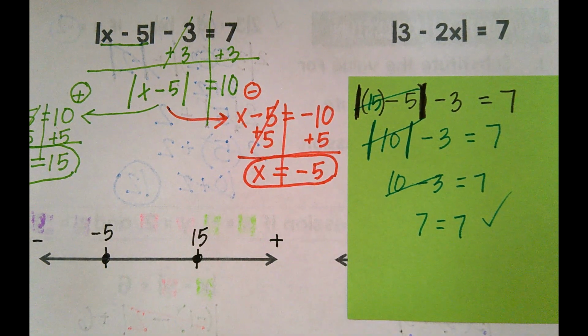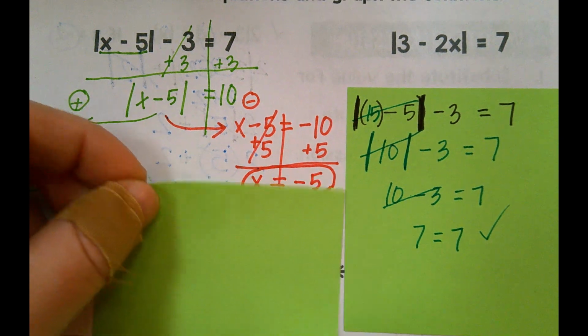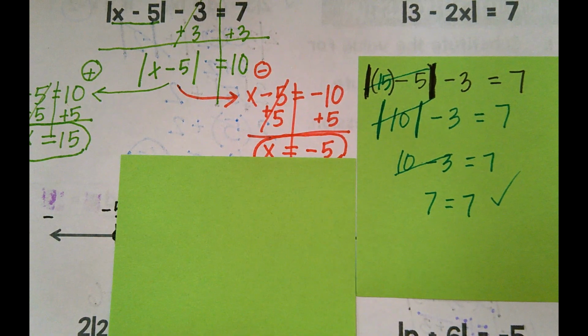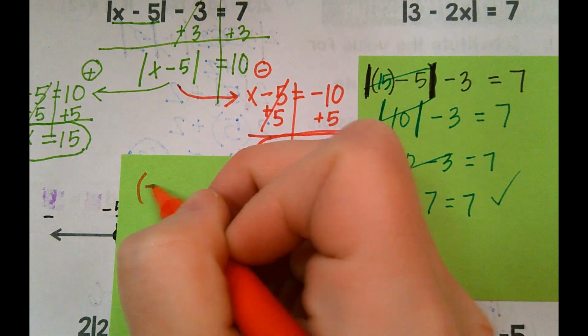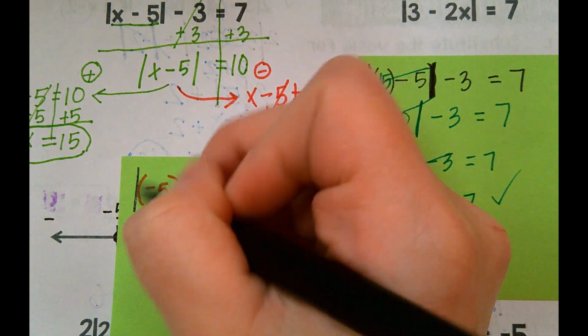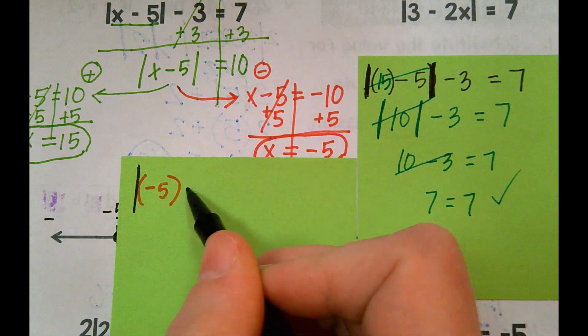Now let's make sure negative 5 works. And it should. So I'm going to do the exact same thing, but this time I won't plug in 15. I'll plug in negative 5 for x. Absolute value of negative 5.